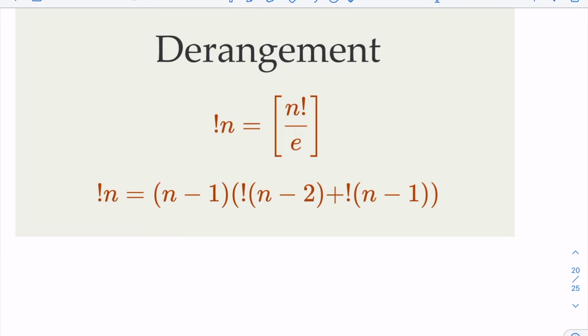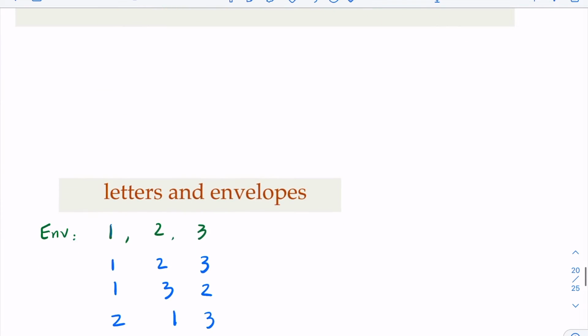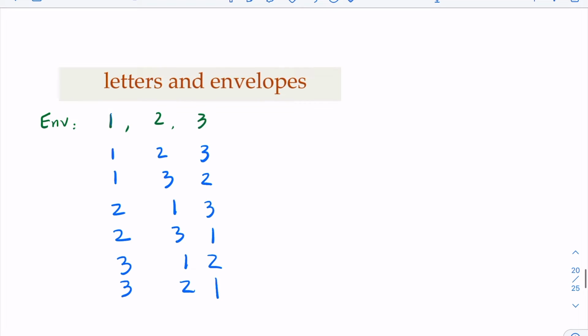Okay, before we get lost, let's start with some simple examples. One example here is the problem when it was first raised back in 1600. The question is, I have a bunch of letters I want to put into envelopes.